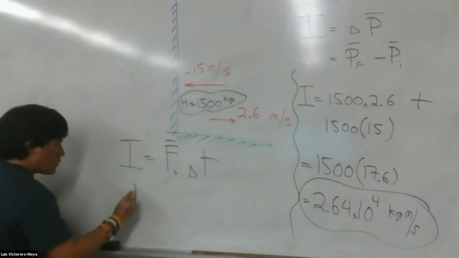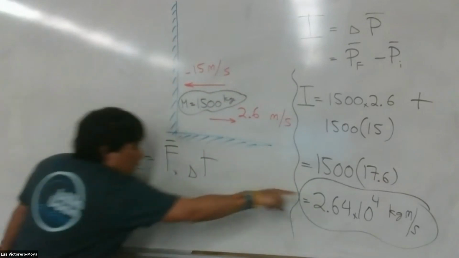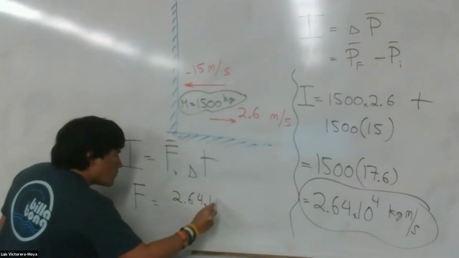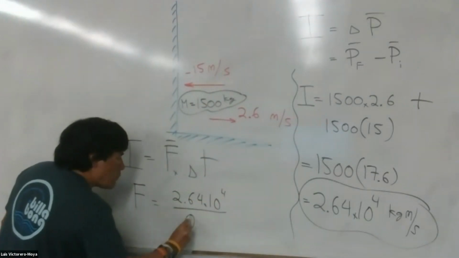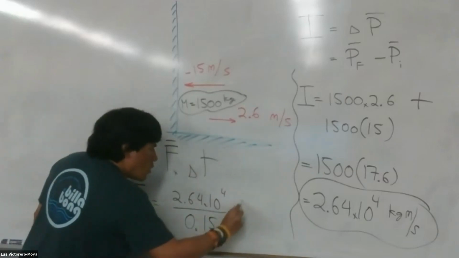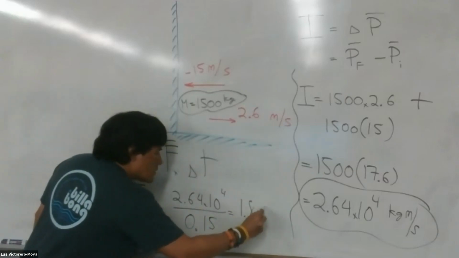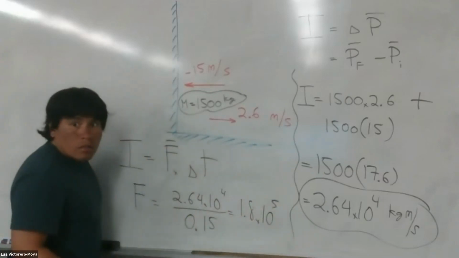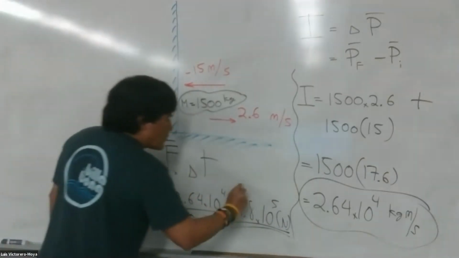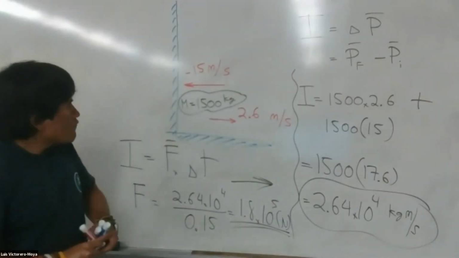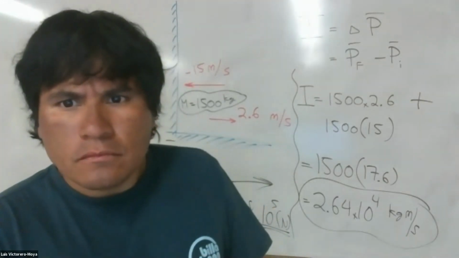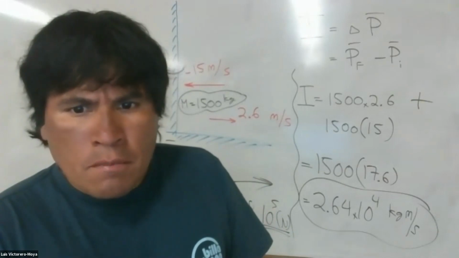So your force will be that impulse divided by 0.15, which will give you 1.8 times 10 to the 5 newtons, also in the positive x direction. So that's easy. It's simple.